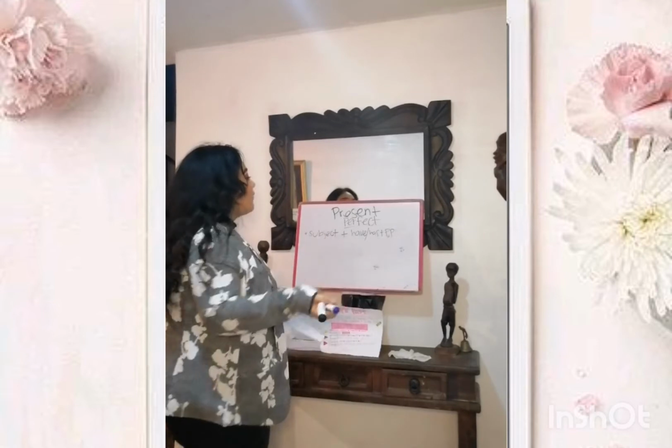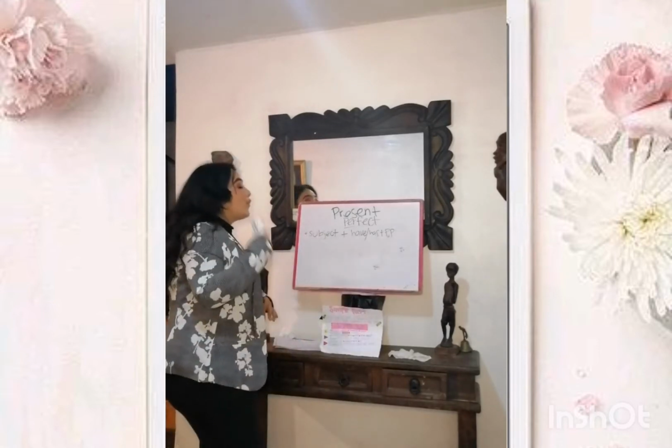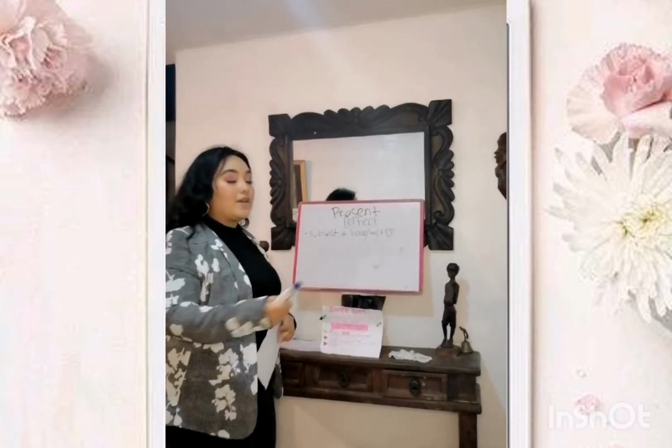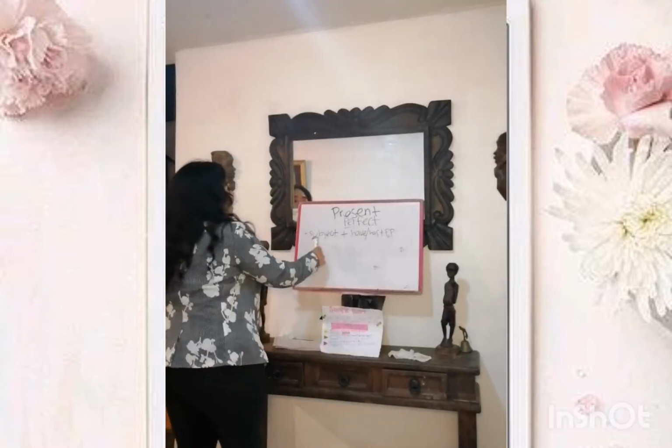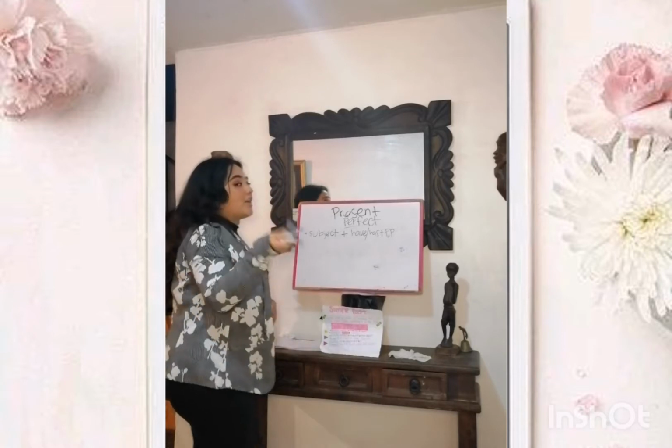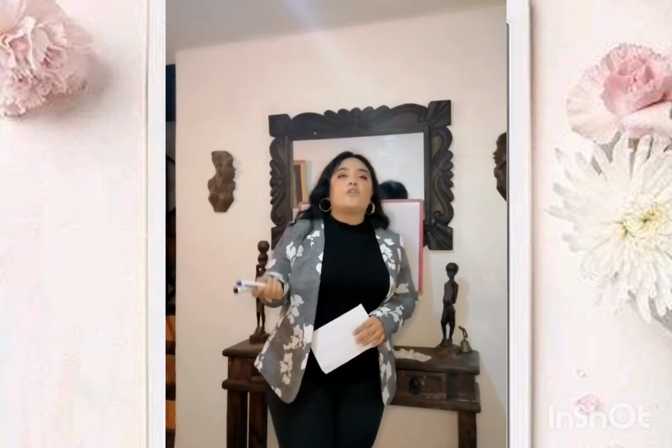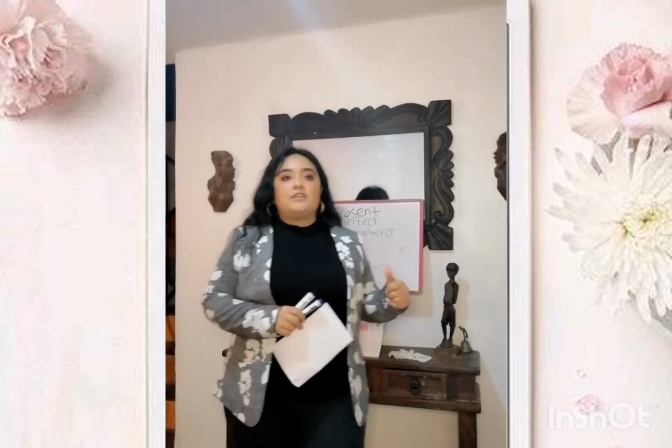So we can write down a sentence with present perfect. We need the subject. Remember that the subject is the person that we are going to talk about in the sentence. It can be, for example, he, she, the chef, the waiter.